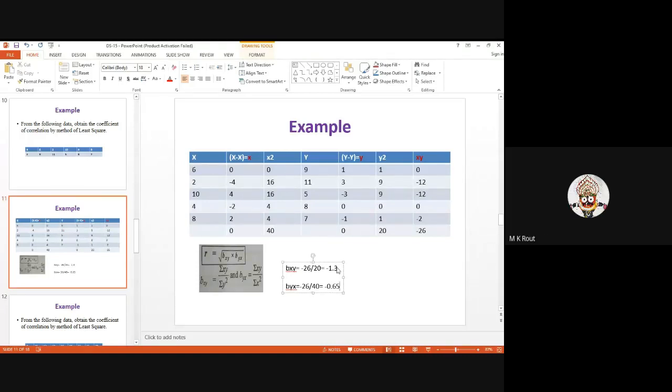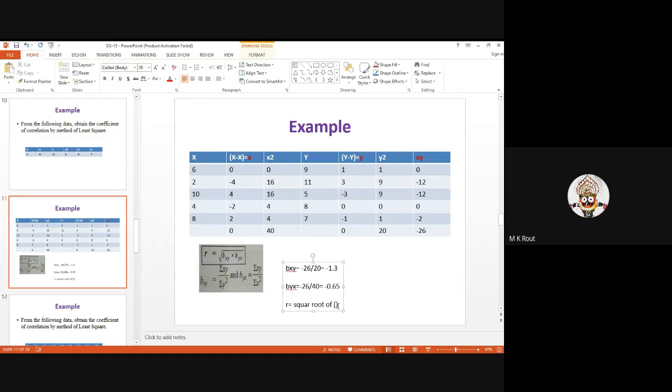Then we proceed to calculate the correlation, that is r equals the square root of minus 1.3 into minus 0.65. It is difficult to write the symbol, so here I write square root.